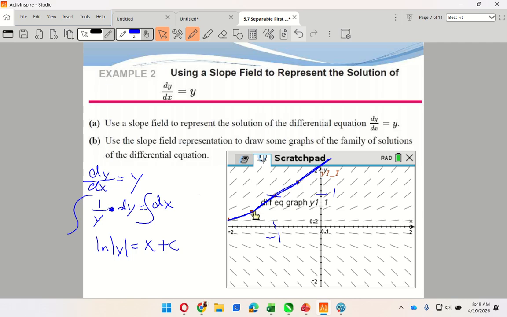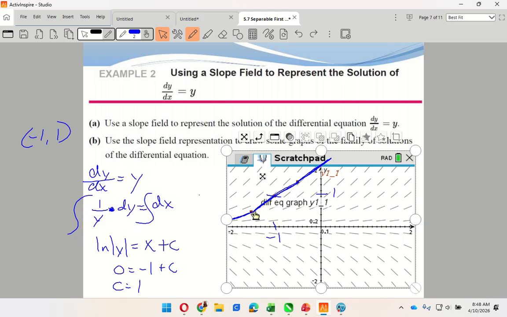Yeah, -1 comma 1. So y is going to be 1. What is ln 1? 0. ln 1 is 0 equals x, which is -1, plus c. So c is equal to a positive 1, right? So ln y equals x plus 1.